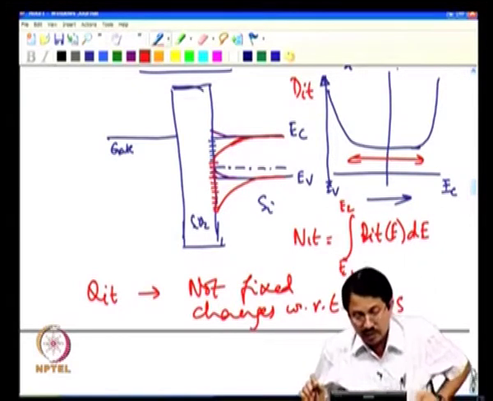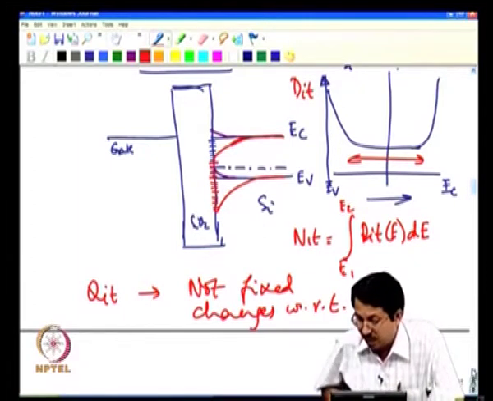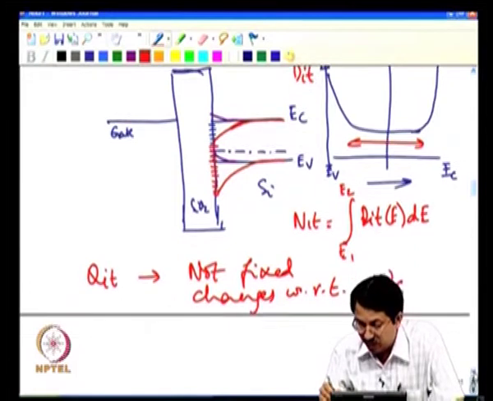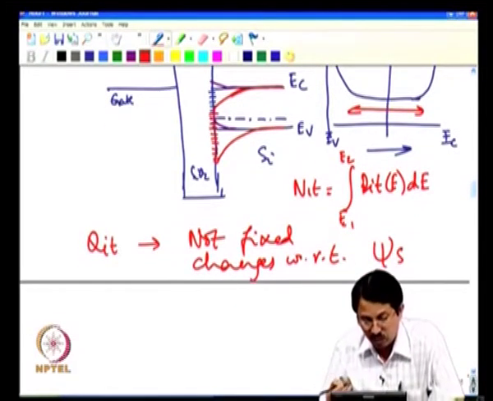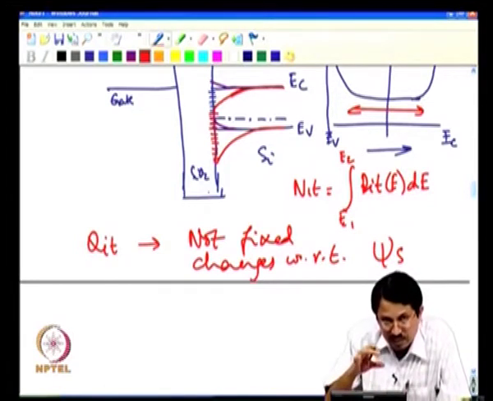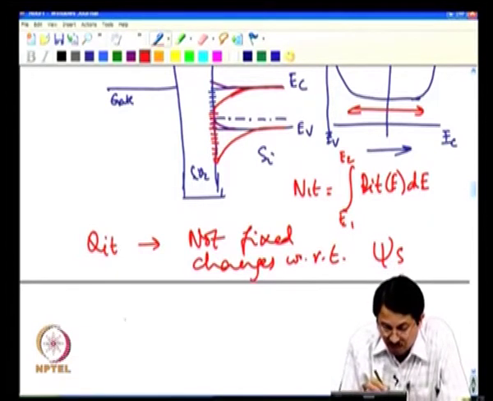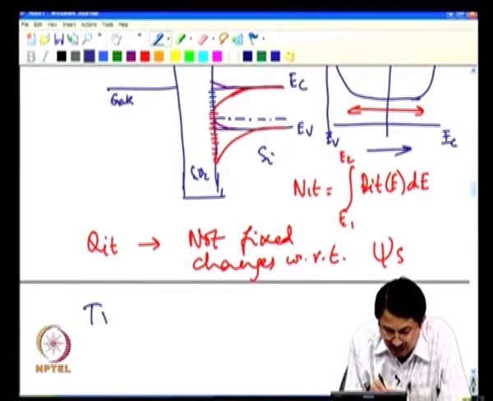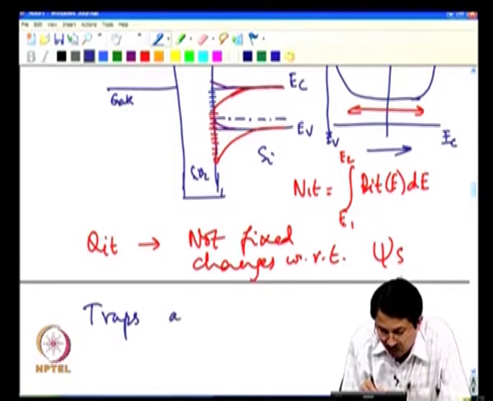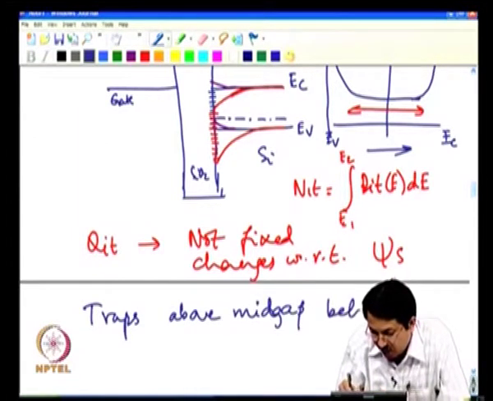Based on all the experimental studies and a lot of theoretical studies as well, a fairly good model for interface state traps has been evolved, and that essentially states that if you have traps in silicon distributed from the conduction band all the way to the valence band edge, the model says that the traps above mid gap behave as acceptor like traps.